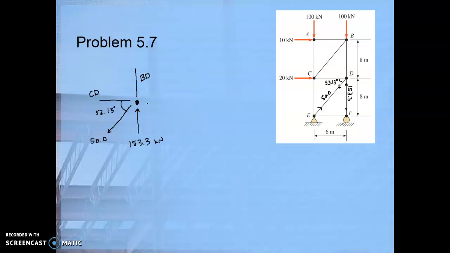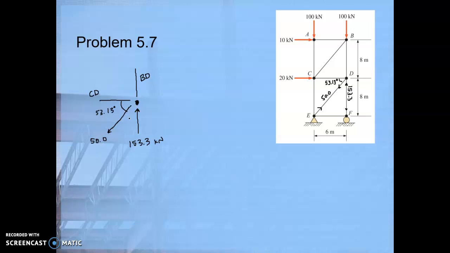BD. So first we should take a guess at the sense of these forces. I'm going to guess that this large 153.3 kilonewton force is going to be greater than the vertical component of 50, and that's a pretty safe guess.